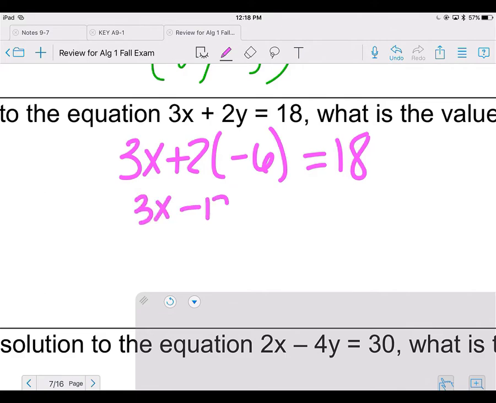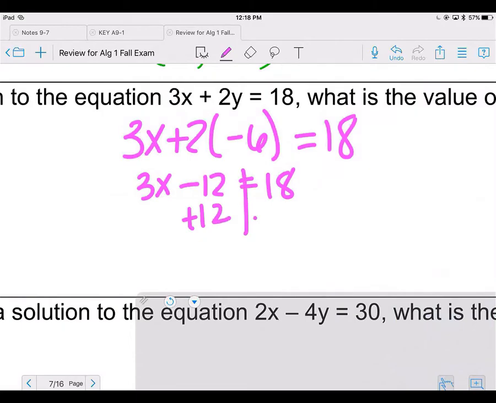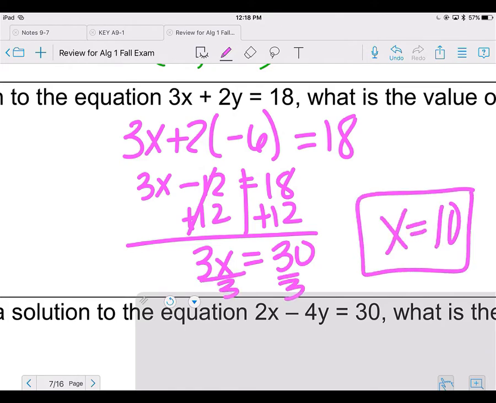So to solve for x, I multiply to get rid of my parentheses, so 3x minus 12 equals 18. I add 12 to both sides, so 3x equals 30. And then divide everything by 3, x equals 10.